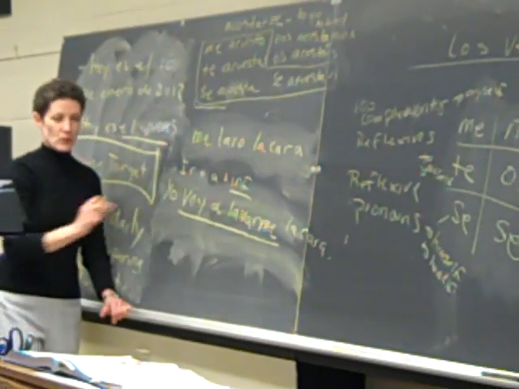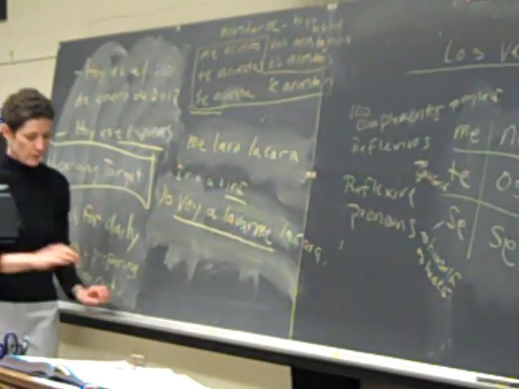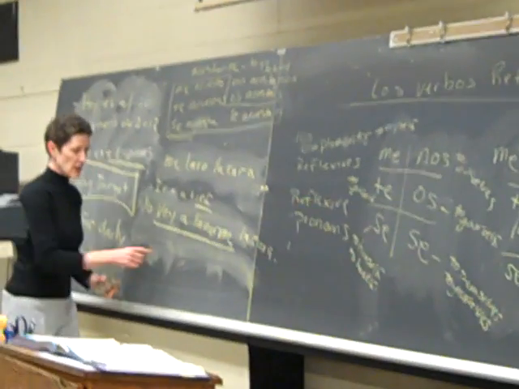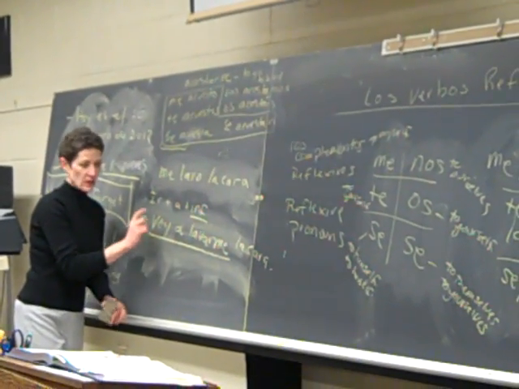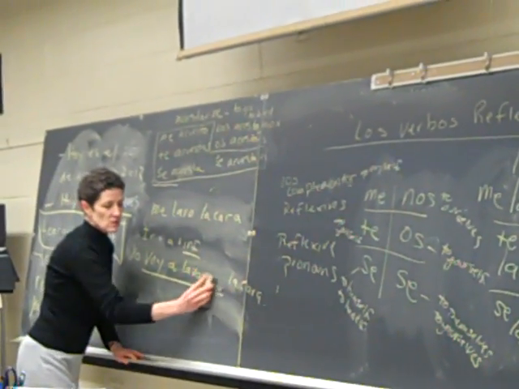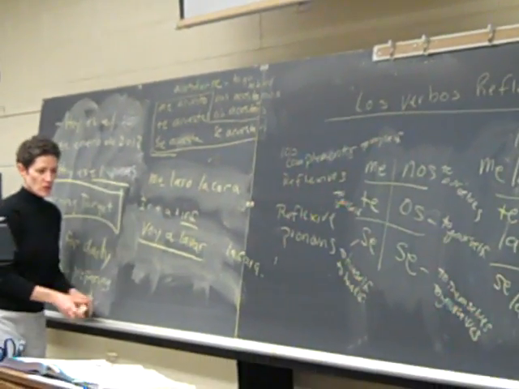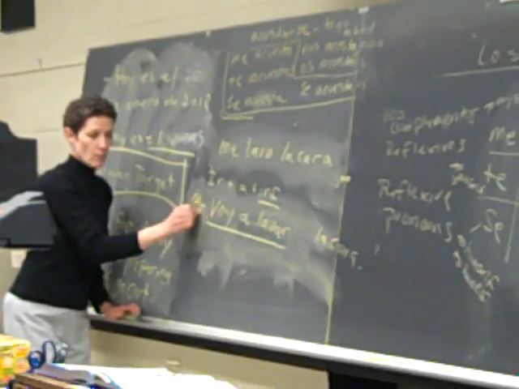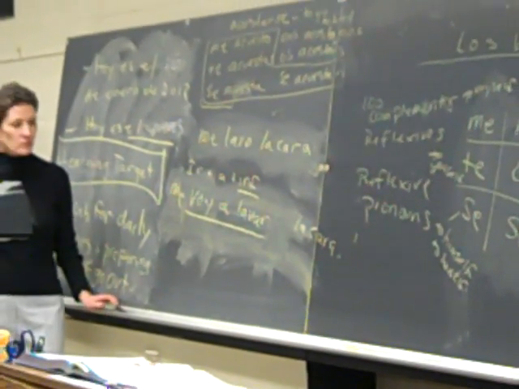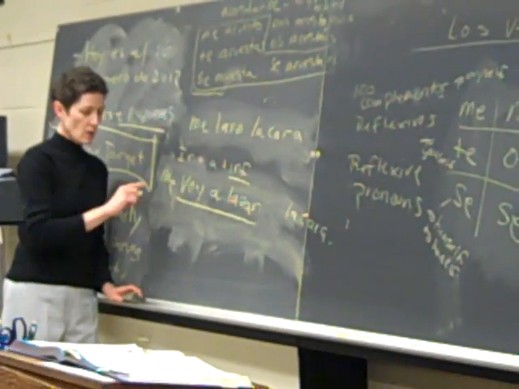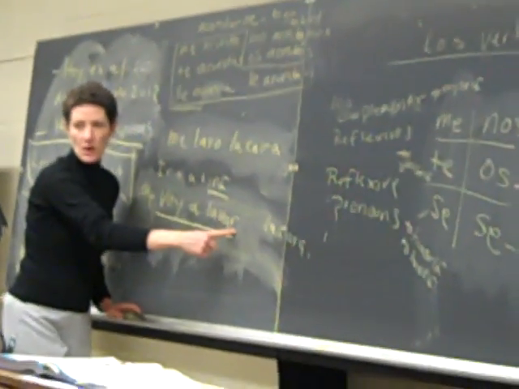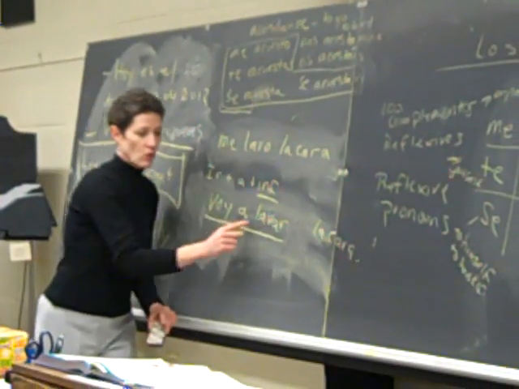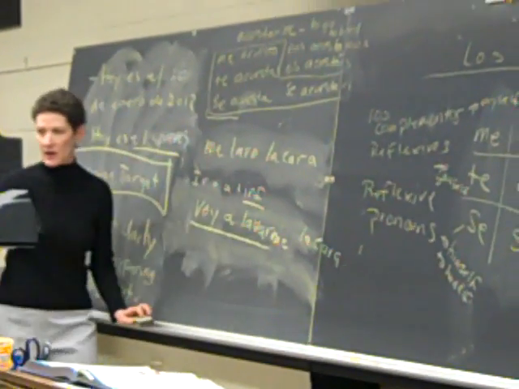So you can put it, yo voy a lavarme la cara. Now, if you're unsure, oh, I'm not sure where to put it, nothing goes in between the ir plus the a, okay? So what if you don't know, and you've got the voy, that's a conjugated verb, you can always put me voy a lavar la cara. Just don't do both. Me voy a lavarme would not work. Just me voy a lavar la cara or voy a lavarme la cara.